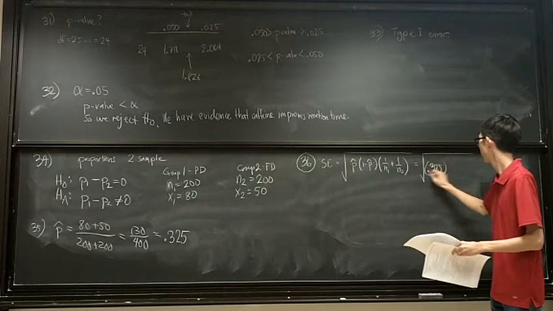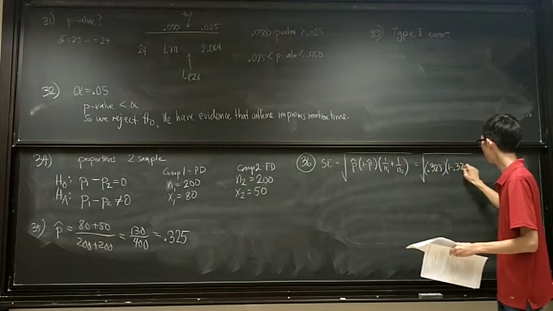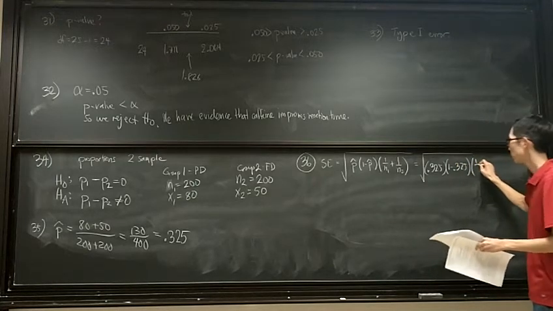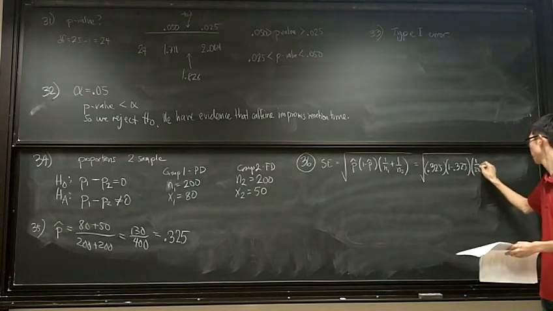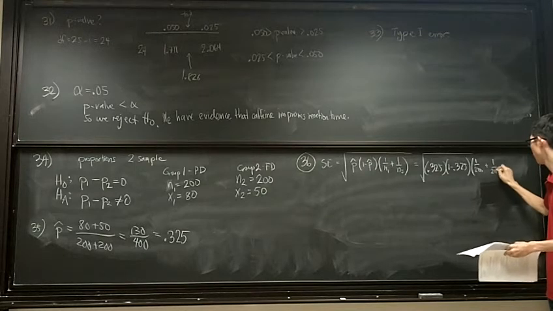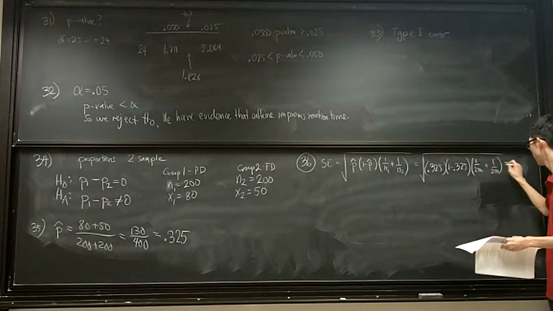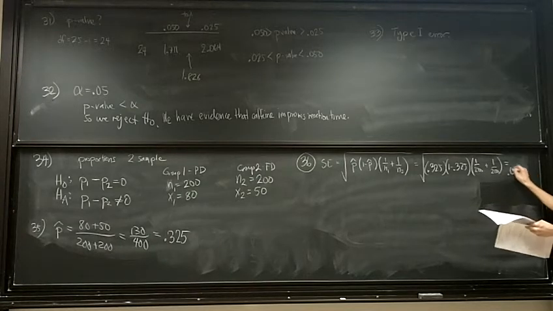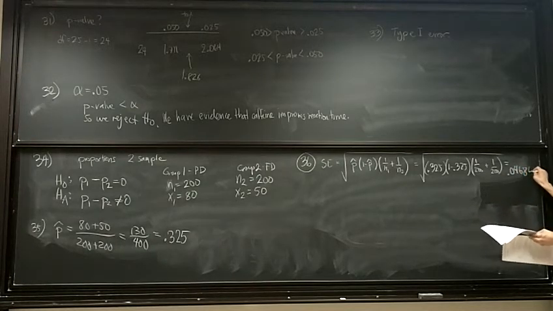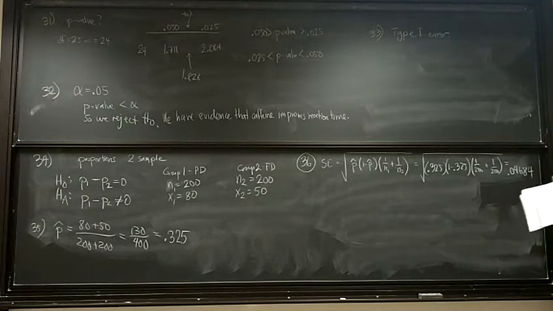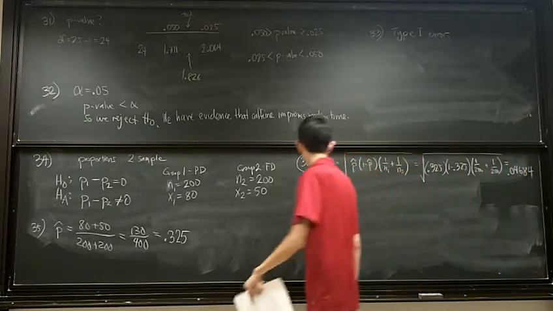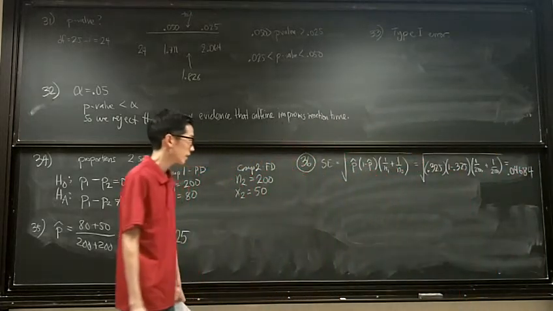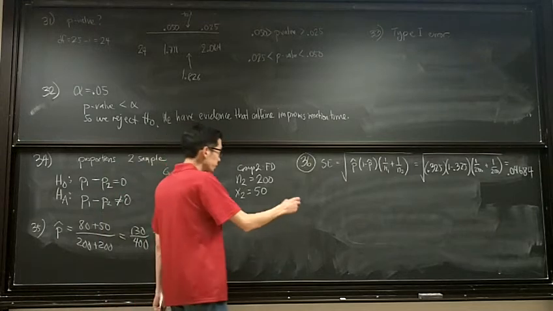So 0.325 times 1 minus 0.325, times 1 over 200 plus 1 over 200. And when I do this, I get 0.04684. That's not my test statistic, that's just my standard error.